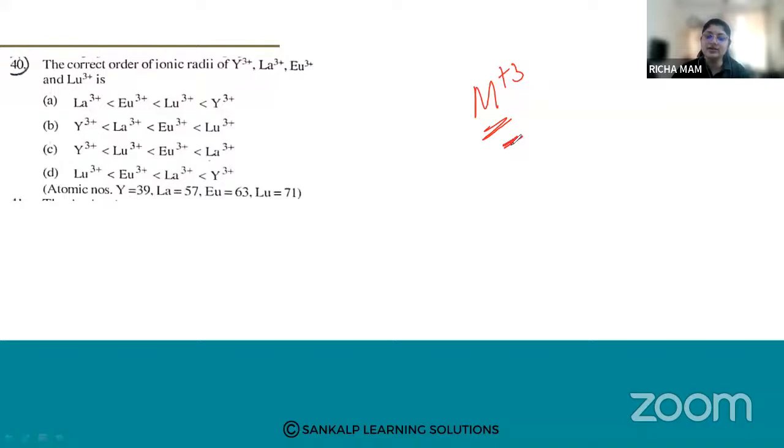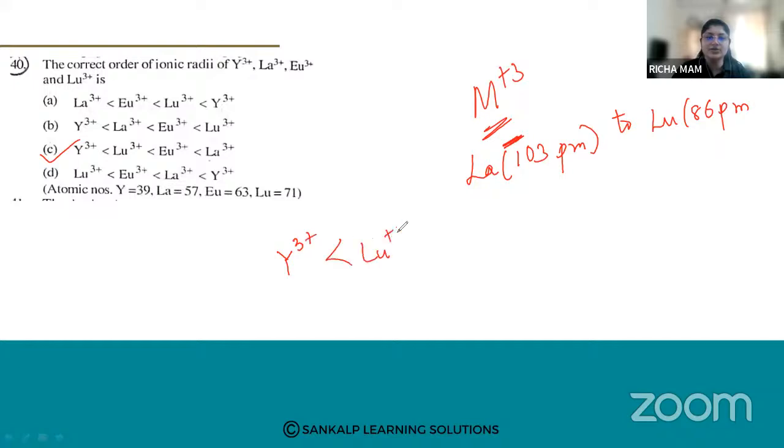The ionic radius decreases from lanthanum, that is 103 picometer, to lutetium, that is 86 picometer. So Y plus 3 is less than Lu plus 3, Eu plus 3, and La plus 3. So the answer is option C. Yes, Shushmita, your answer is correct. So it is option number C. Okay, let us go for the next one.